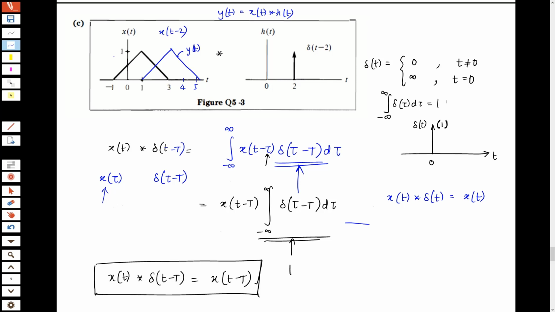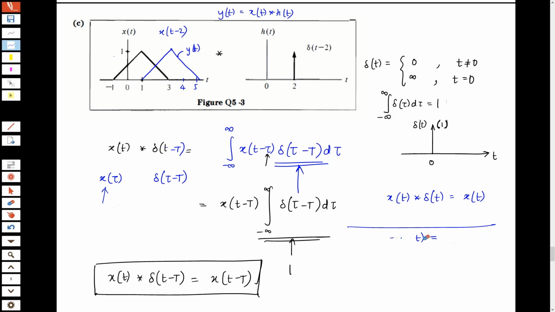Okay. Always remember that whenever you have a signal and you find a product of this signal with a delta function, the resultant will always be a delta function. Okay. But if this delta function was being multiplied with some signal under integration, then you get rid of that delta function.